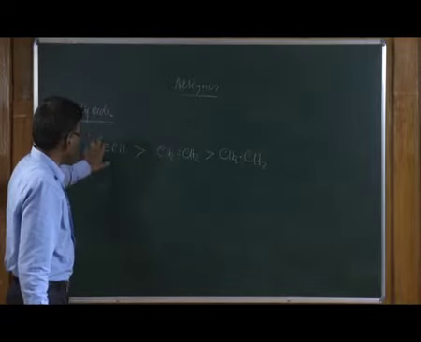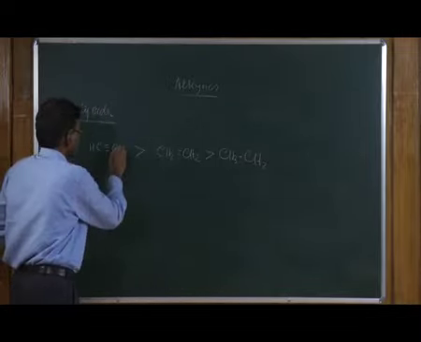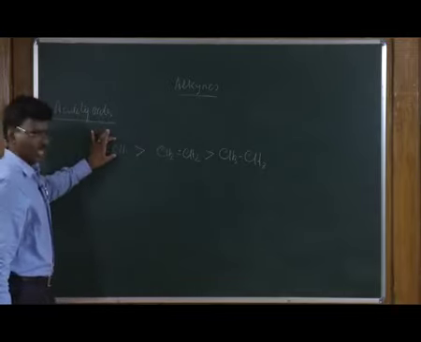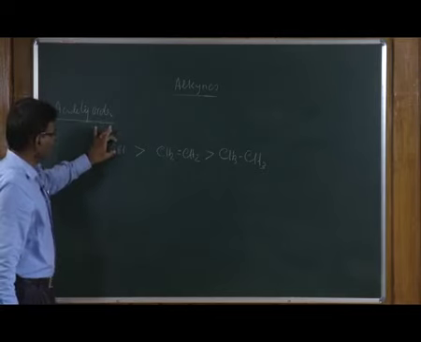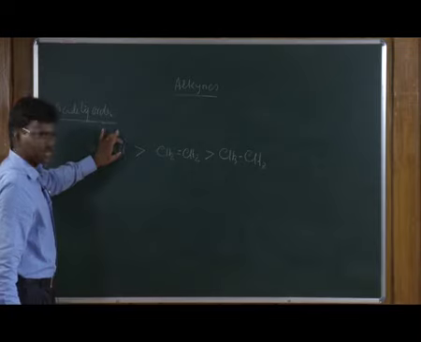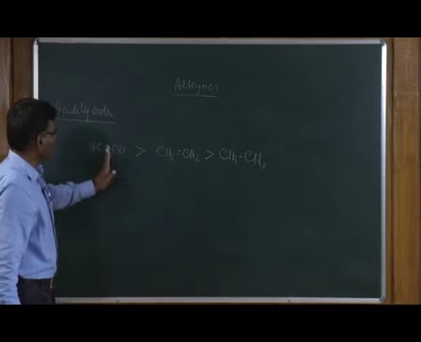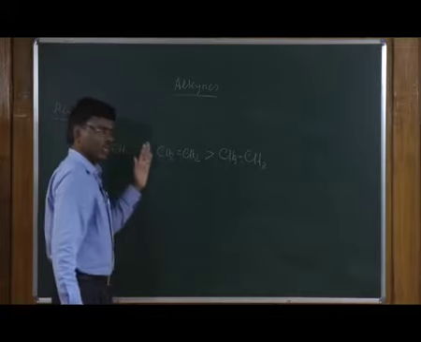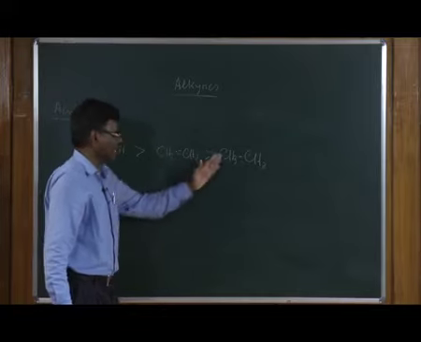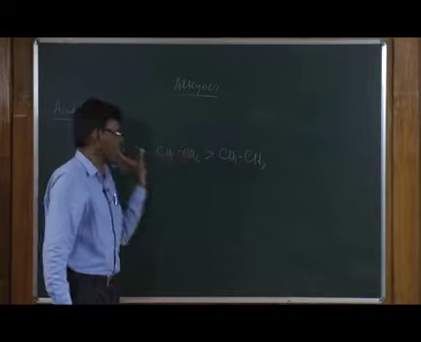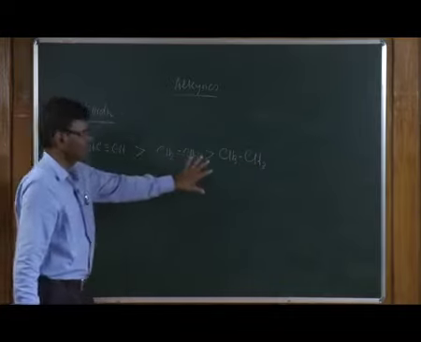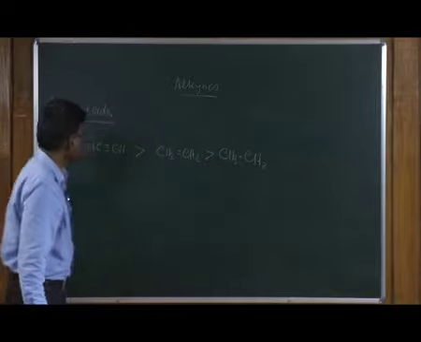This is more acidic, as I have told you, due to the more s character, the electronegativity of this increases, and the base can easily remove the hydrogen as a proton. This is less acidic compared to the alkyne, however more acidic compared to alkane. This is the least acidic among all the three hydrocarbons. These two are unsaturated, this is a saturated hydrocarbon.